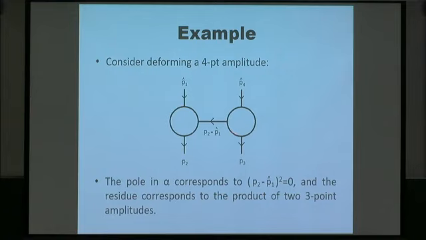And you can see from momentum conservation that the momentum flowing through the propagator is just p2 minus p1 hat, where p1 hat is the shifted momentum. And so you see that the pole corresponds to the value of alpha for which (p2 minus p1 hat) squared is equal to 0. And as I said, the residue at this point just corresponds to the product of two 3-point amplitudes.